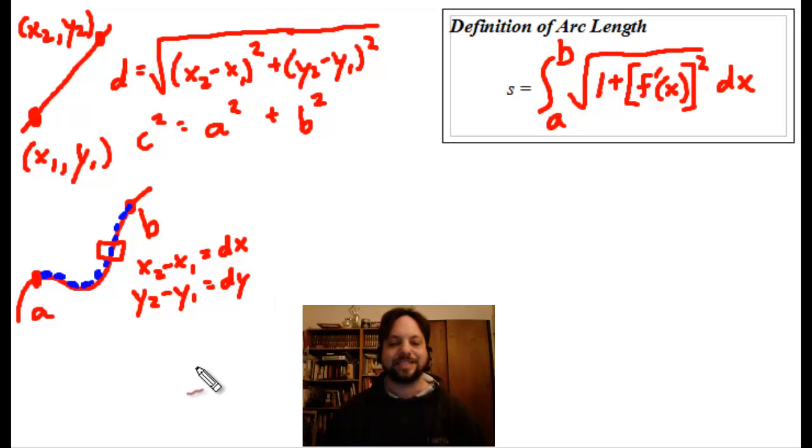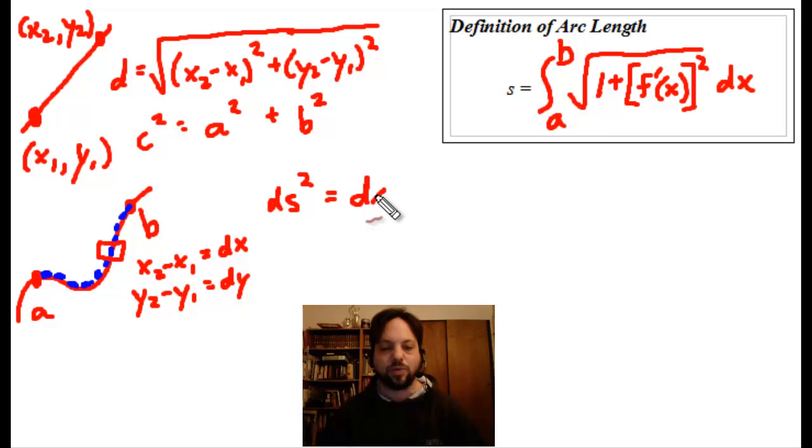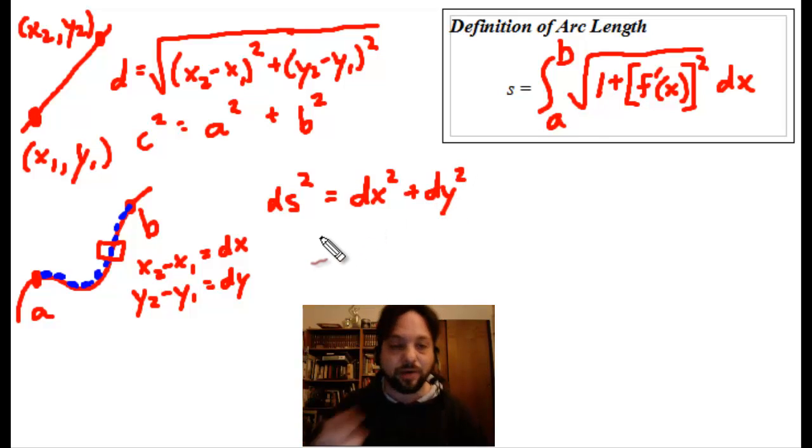Let me call that dy. And so if we're trying to find the length of this little line segment, which I'll call ds, I can square that, and that will be equal to the sum of dx squared plus dy squared. And there it is. It's the Pythagorean theorem.